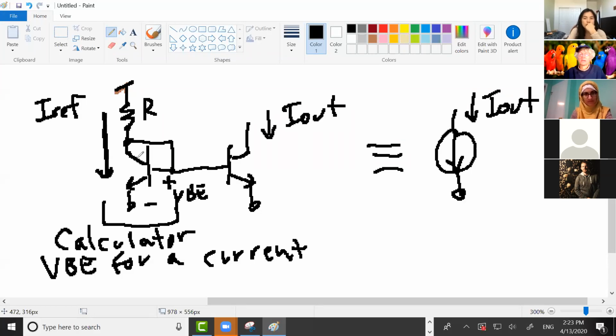This may seem a little bit hand wavy, but this works. This VBE, for different currents, the VBE is going to be a little bit different. Is it going to be a lot different? What happens to the current if VBE changes a lot?